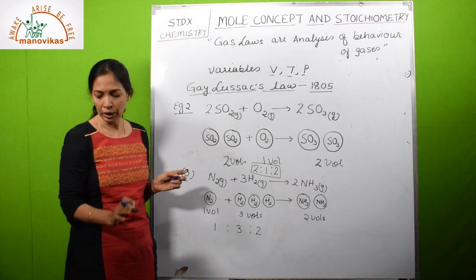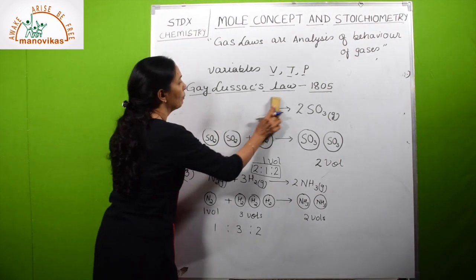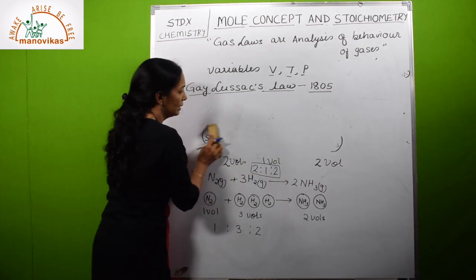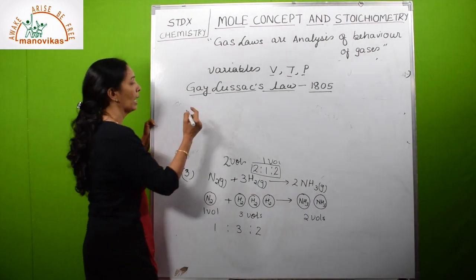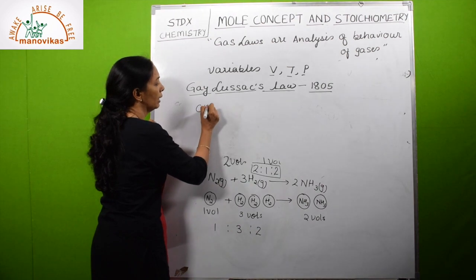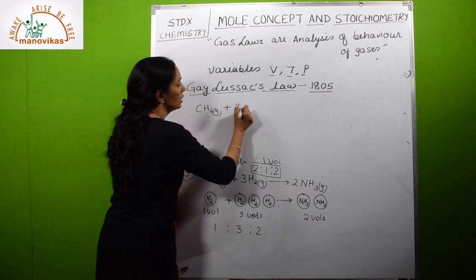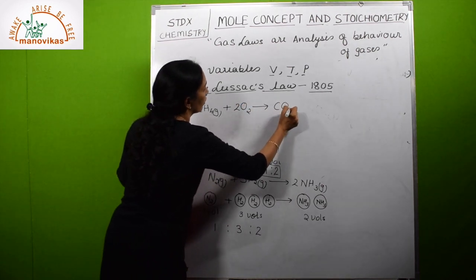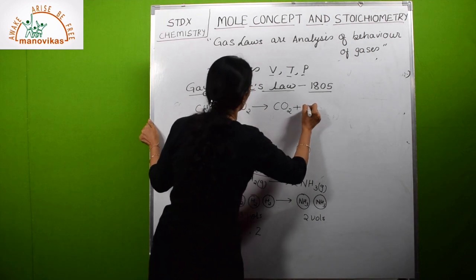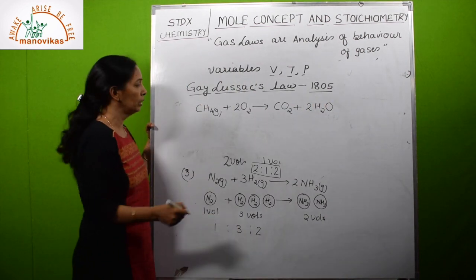Very simple thing. Now, as I told you, this law is applicable only on the gaseous product, not on others. So let us see an example. If methane gas combines with oxygen and forms carbon dioxide and water. Now see the state of matter over here.